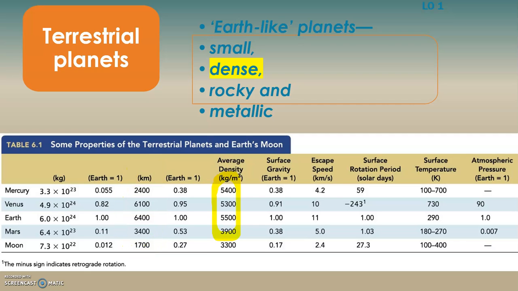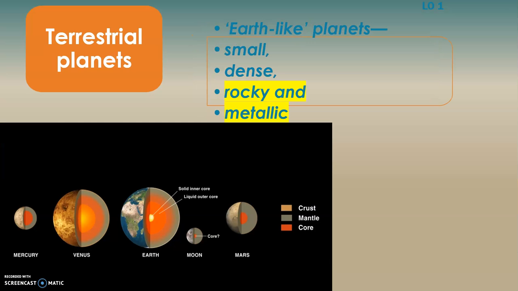And we call them dense because, as you see there, the density is given in kilograms per cubic meter, and that's a pretty dense neighborhood. So we wonder why they're so dense, and part of why they're so dense is that they are rocky and metallic. Let's look at that.